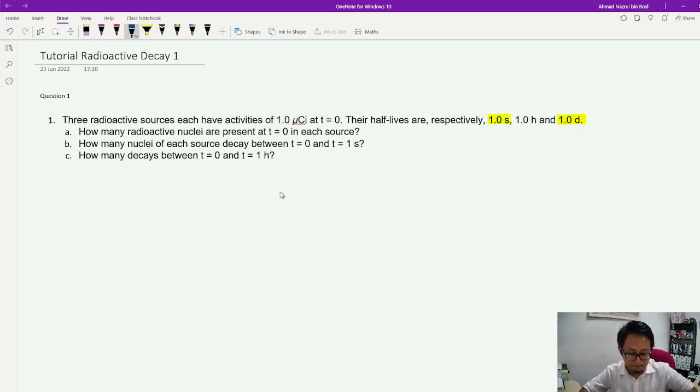First of all, remember the equation to find the number of radioactive nuclei: N equals A over lambda, where A is the activity, which here is 1 microcurie, and lambda is the decay constant.